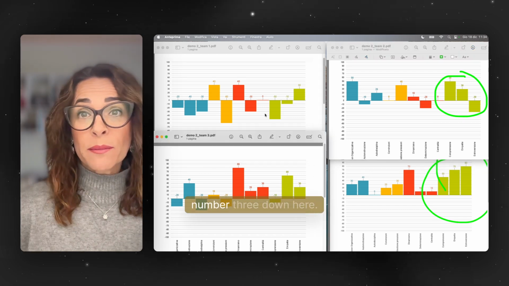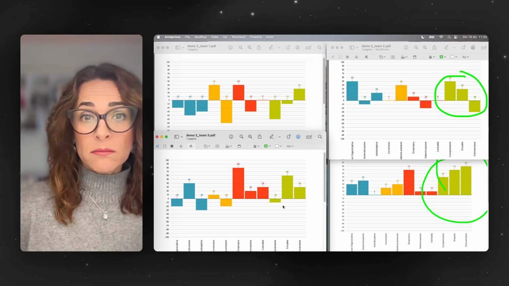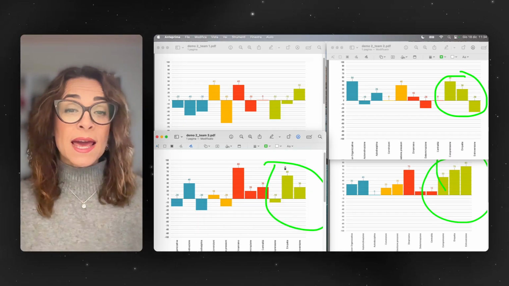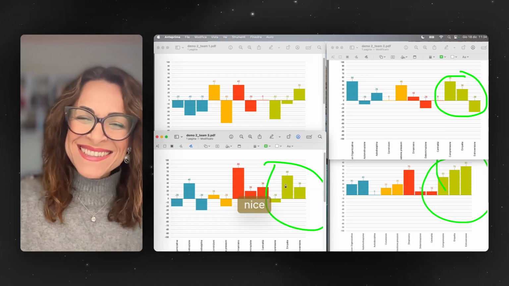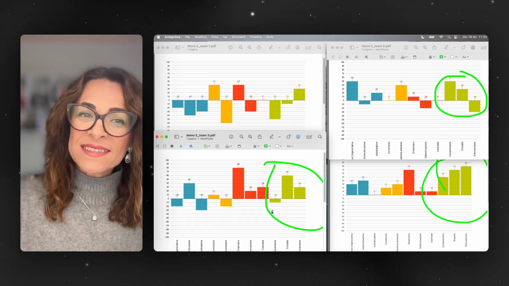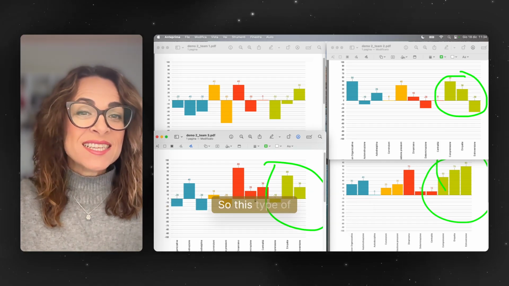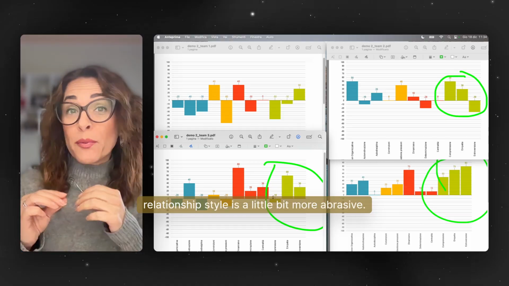Colleague number 3 down here, on the other hand, again, a talker. So we can see here, a talker and warm and friendly and nice, a little bit not so interested in agreeing to disagree. So this type of relationship style is a little bit more abrasive.